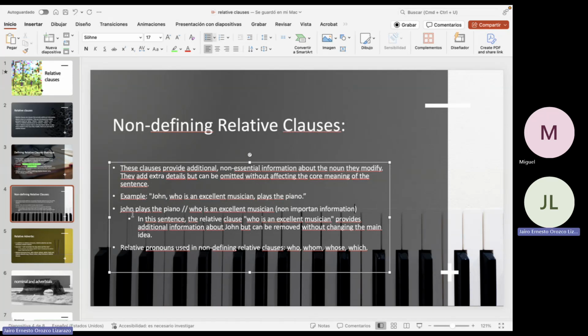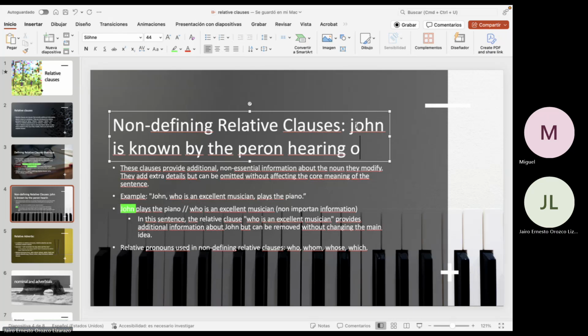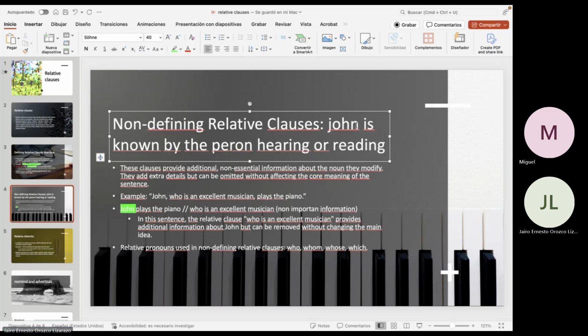Because if you say John plays the piano, then you are assuming that the person knows who John is. But you don't have to give additional information in order for the person to know who you are talking about, right? In this case, this person, John, is known by the person hearing or reading, right?